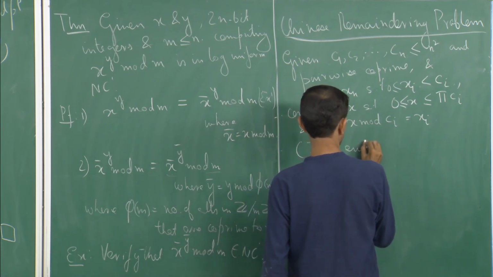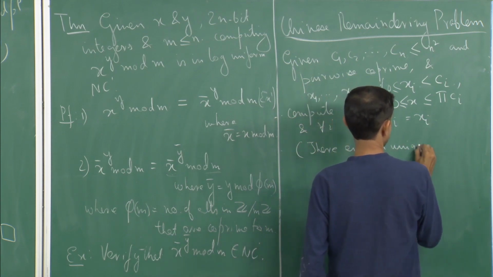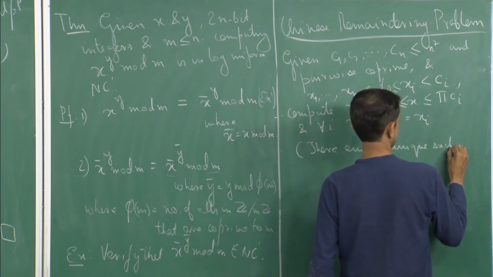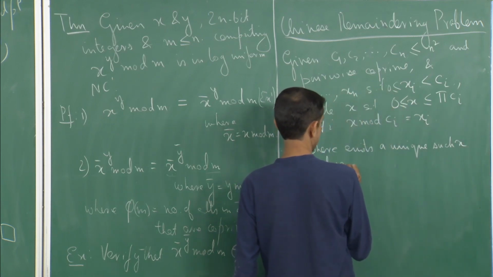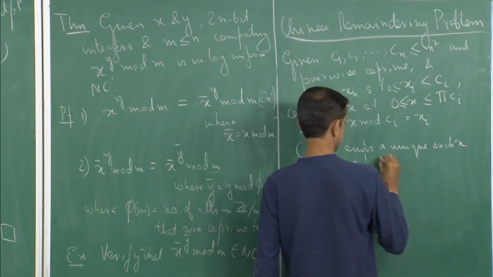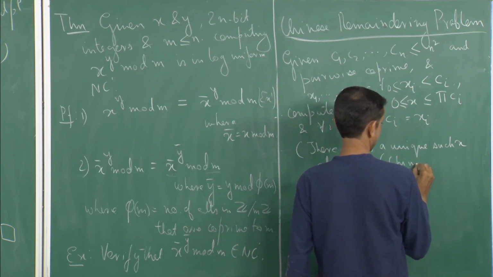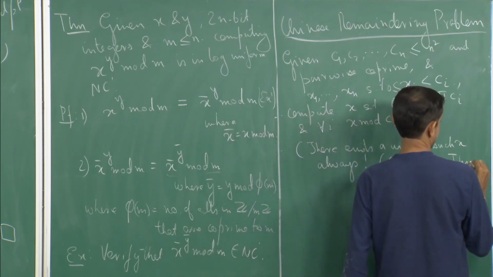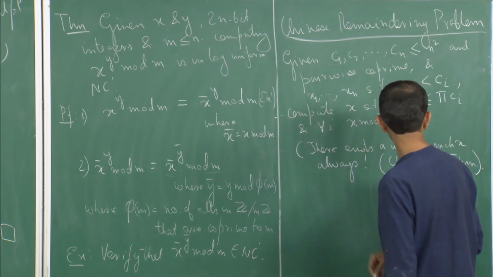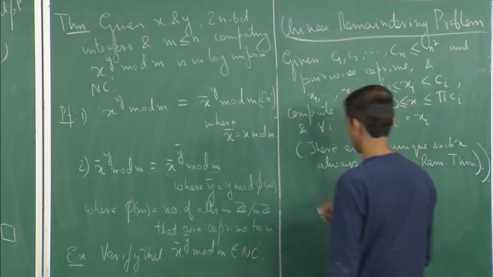There exists a unique such x always. This is the Chinese remainder theorem. I leave this as an exercise for you.